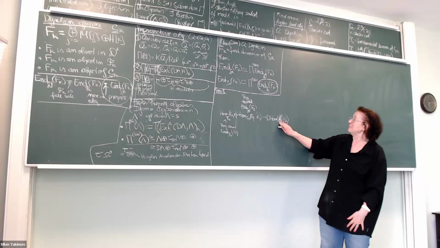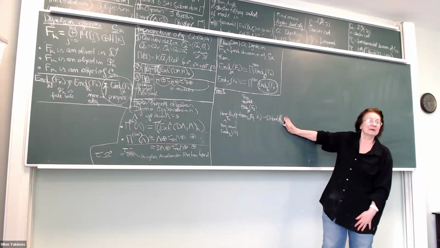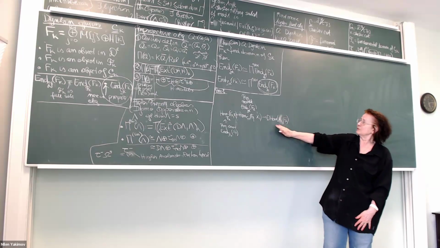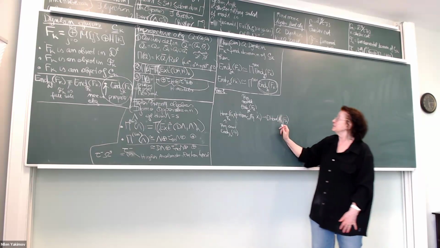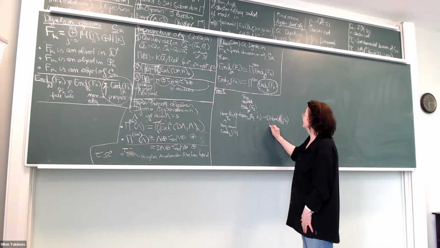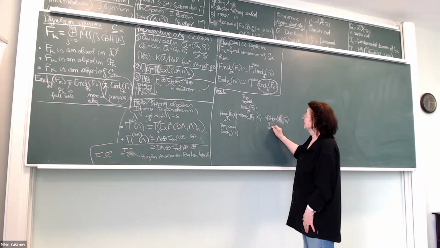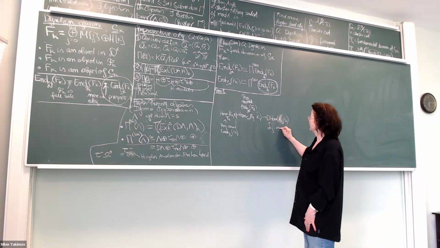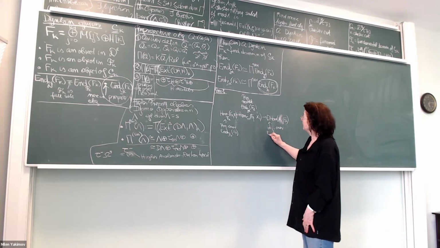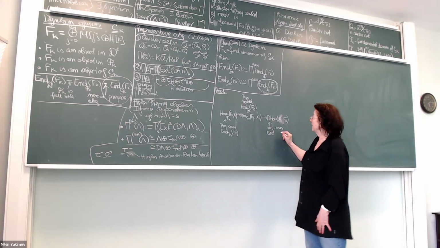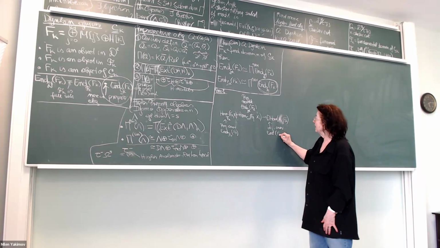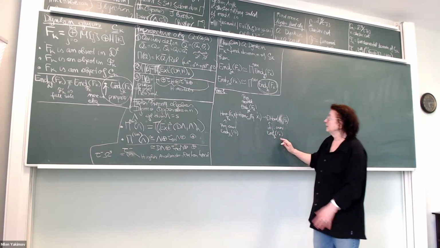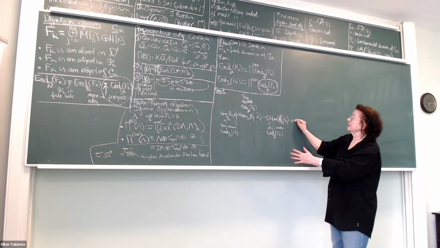So this is something blank, right? We can do this because I'm computing over Fk. So this is actually injective over the endomorphism algebra of Fk, and this is exact.